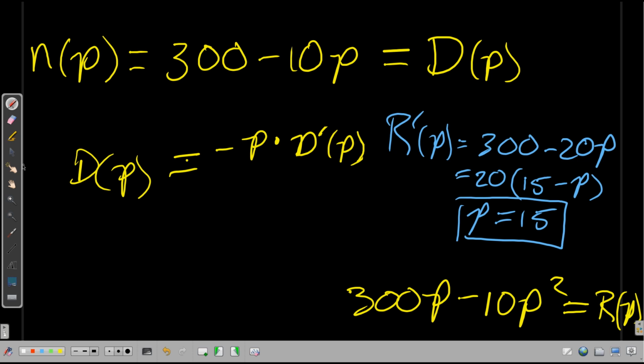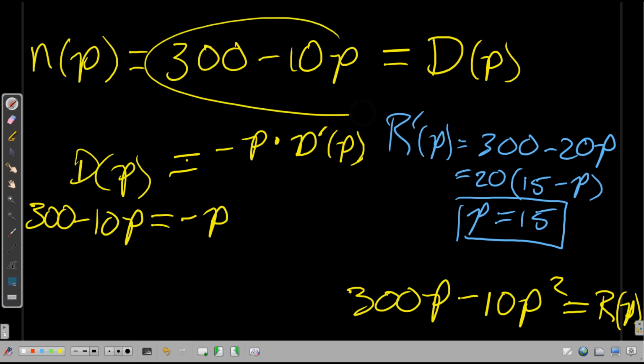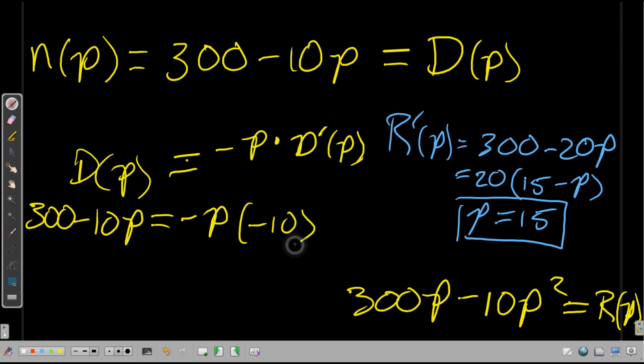Okay, well, that would be 300 minus 10p equal to p times the derivative of this. And the derivative of that is just minus 10. So it says 300 minus 10p equals 10p.